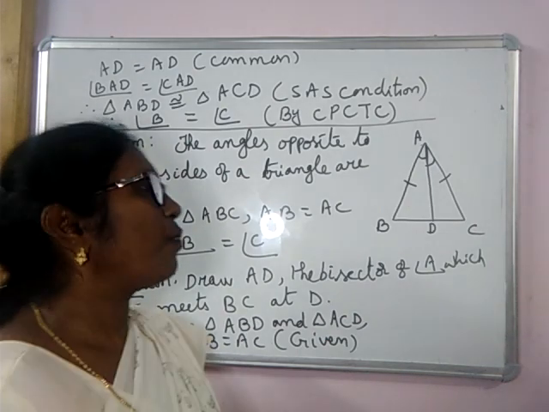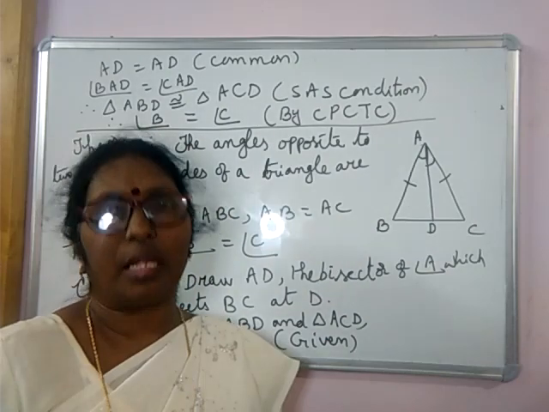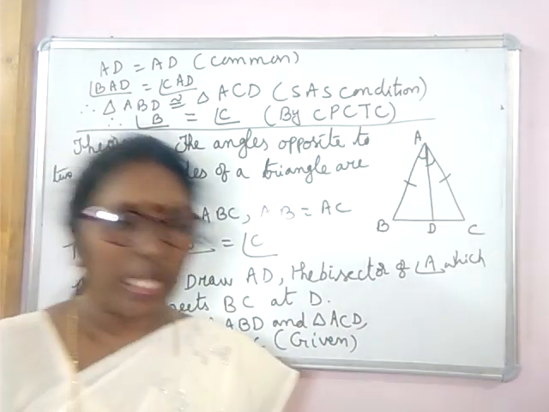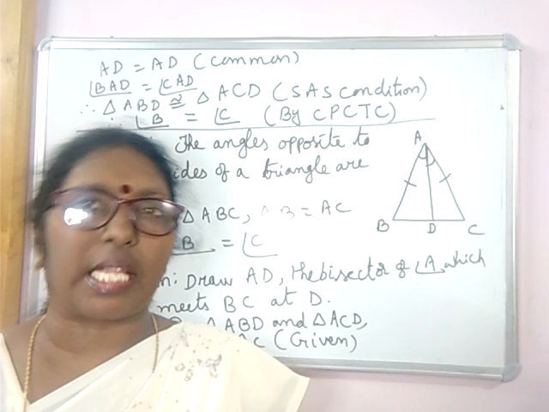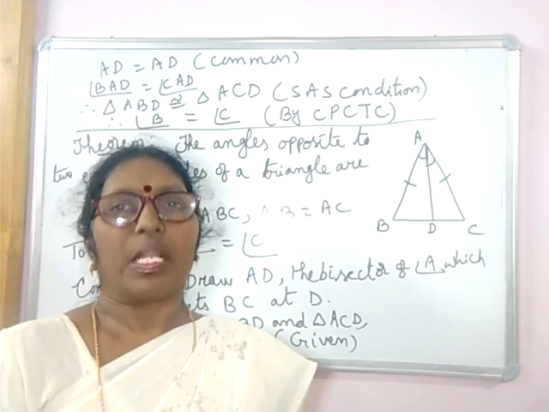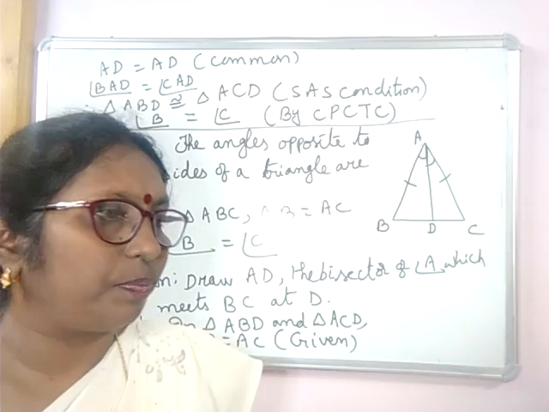This is how we can prove that if two sides of a triangle are equal, their opposite angles are equal. That is the property of an isosceles triangle, and it's a very important property. How to prove, I have explained.